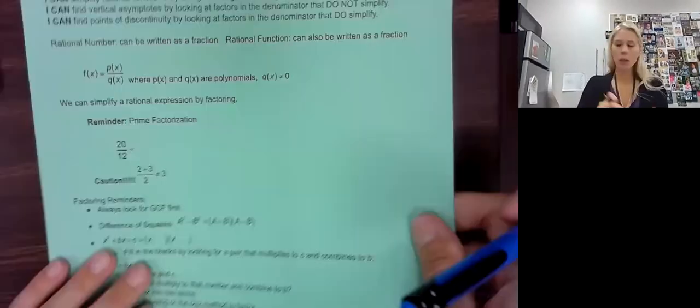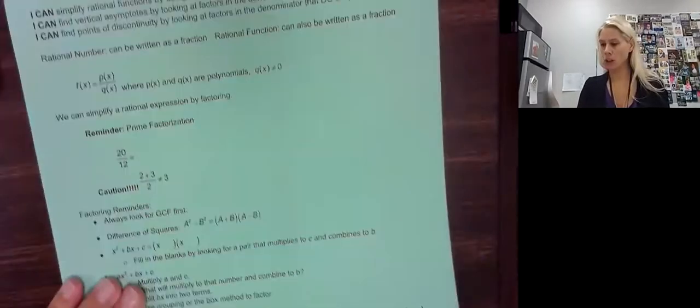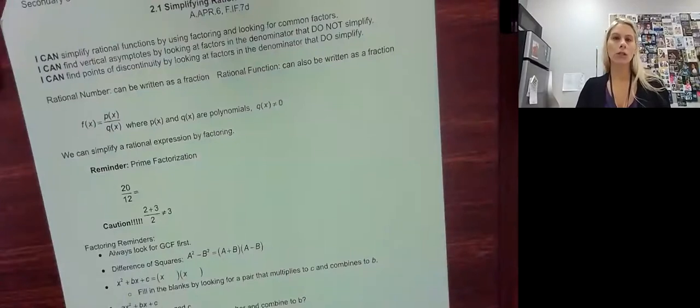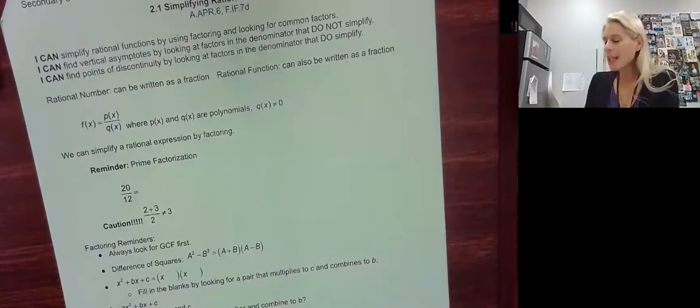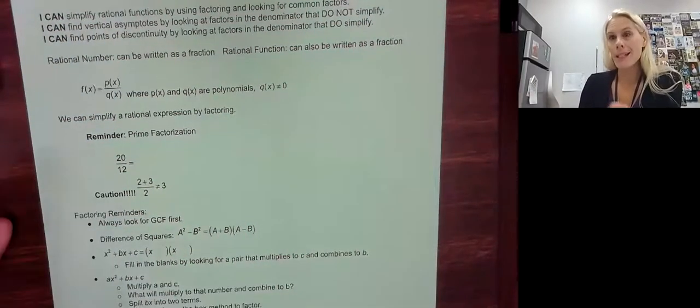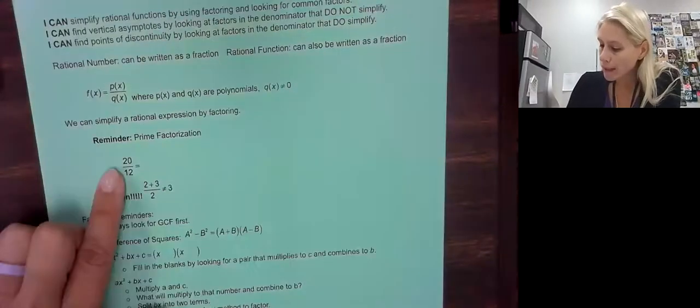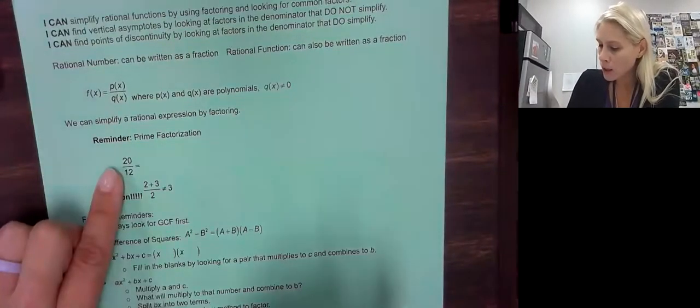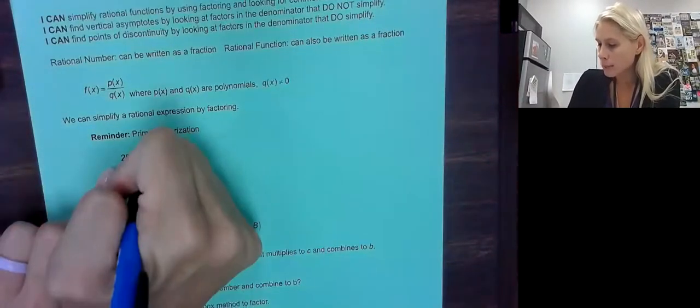So we're going to simplify rational functions, okay? So let's actually remember what we can do for simplifying, okay? Let's think back to grammar school when we used to simplify fractions, right? So I'm going to break this down a little bit. 20 is 4 times 5.